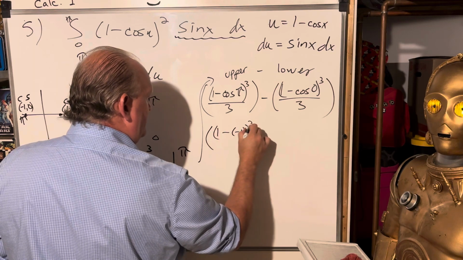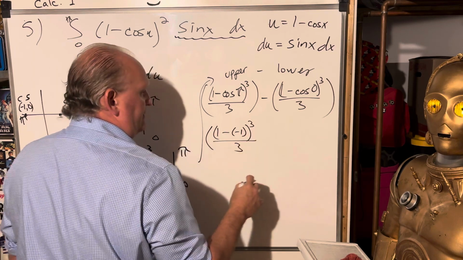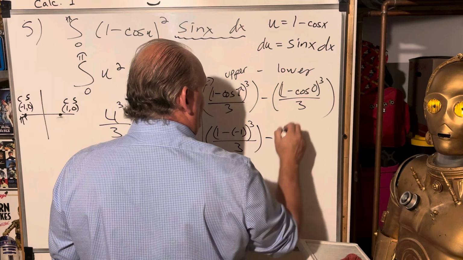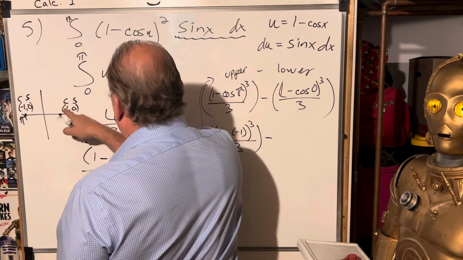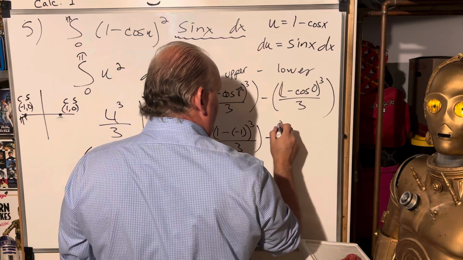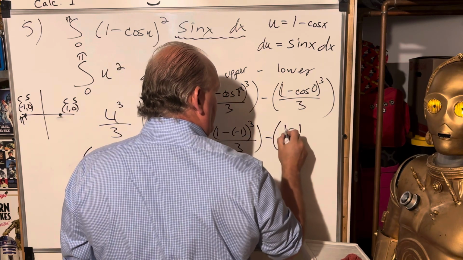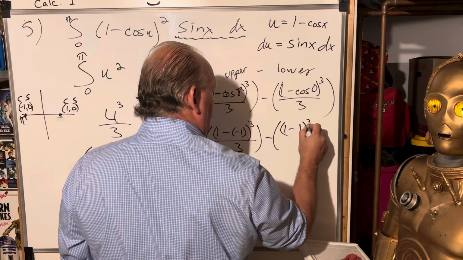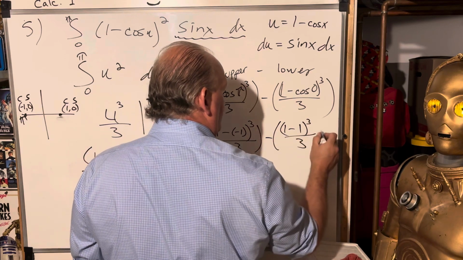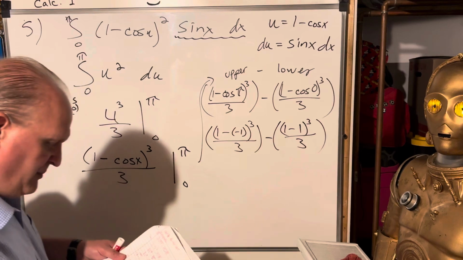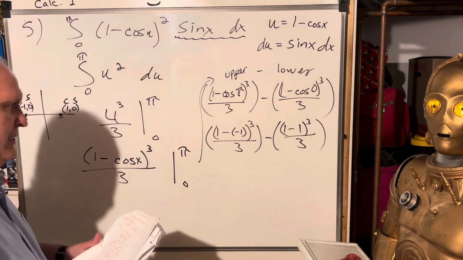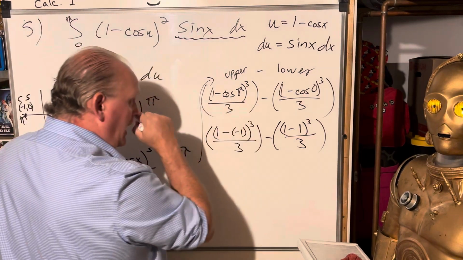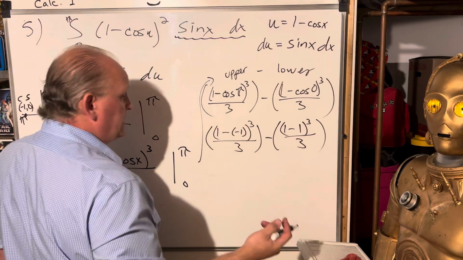And then we cube that. And the cosine of 0 is 1. I could have pulled the 1/3 out in front too if I wanted to. I just left it underneath. All right, so there we go.